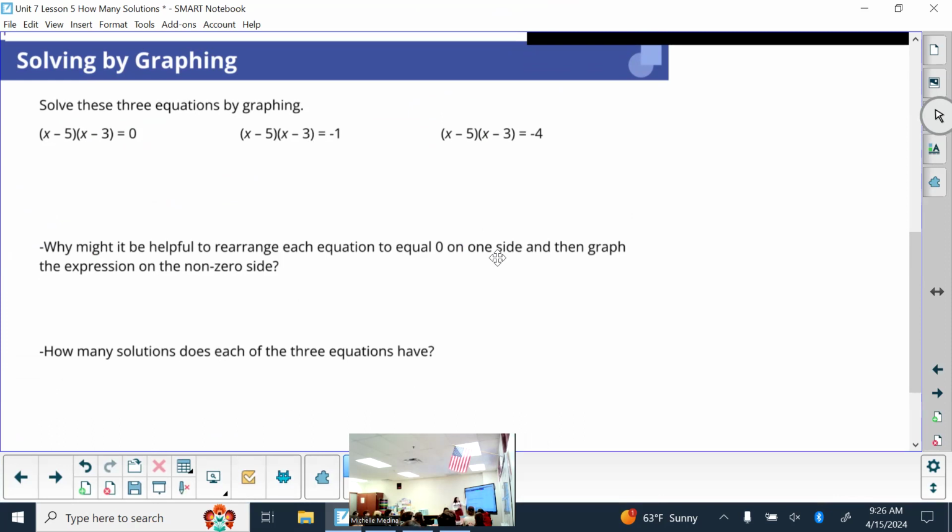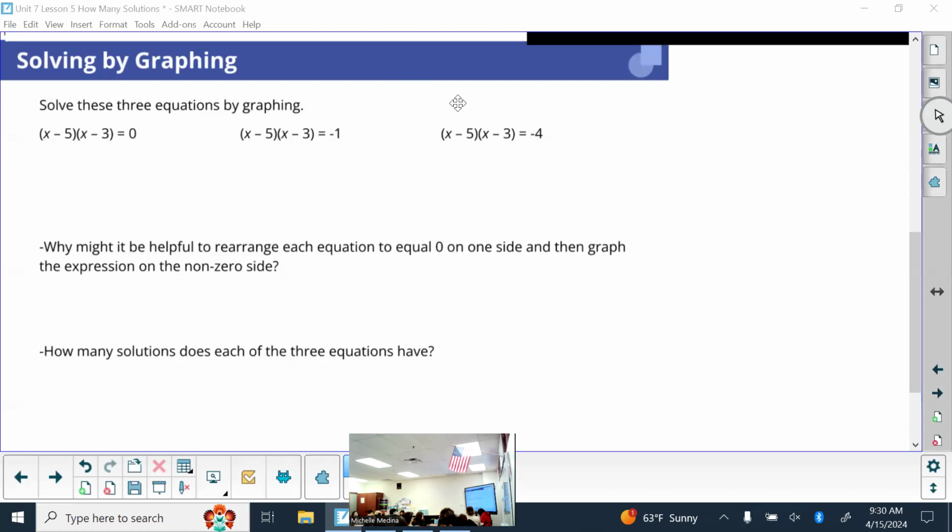If you get that pretty quick, then answer these next 2 questions. So why might it be helpful to rearrange each equation to equal 0 and then graph the non-zero side? And how many solutions do each of the 3 equations have? I'll give you 3 to 4 minutes to try that.